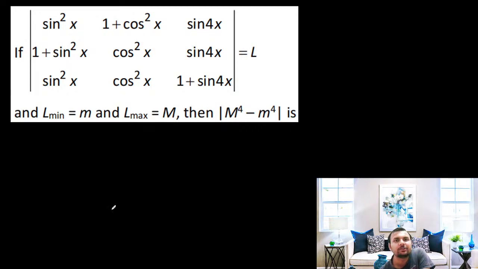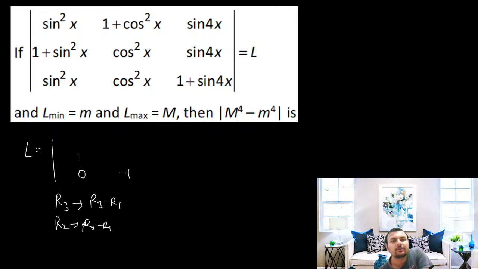So L mean. So first we'll go with the operation. This is 1 0. So row 3 minus row 1, row 2 minus row 1. Minus 1, okay, minus 1. 0 1, sin square x, 1 plus cos square x, sin 4x on expansion.